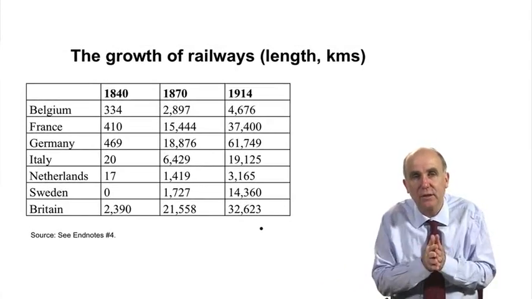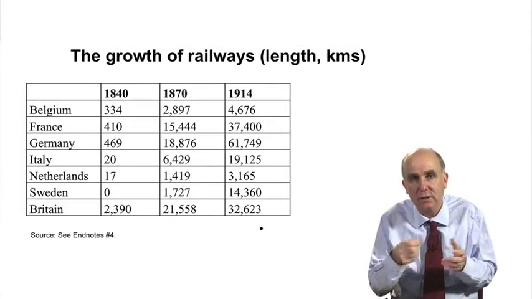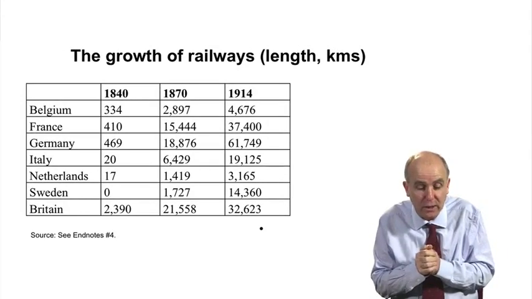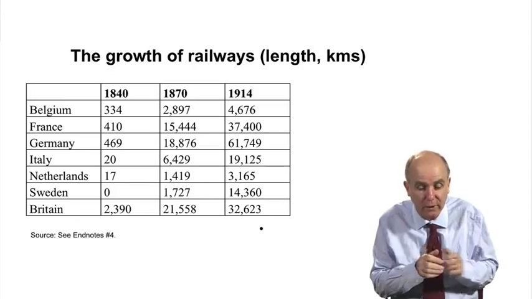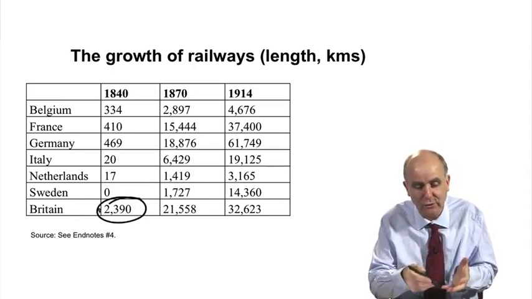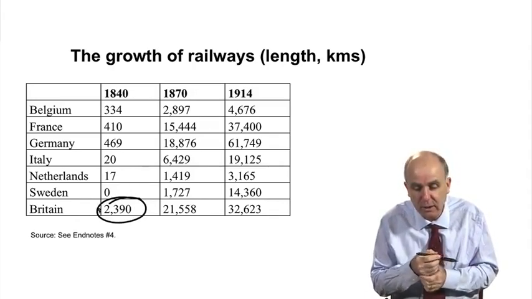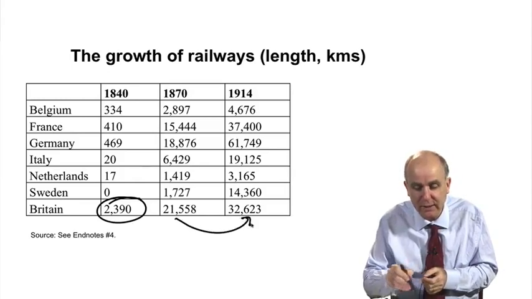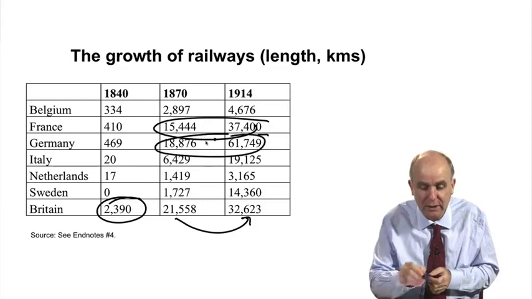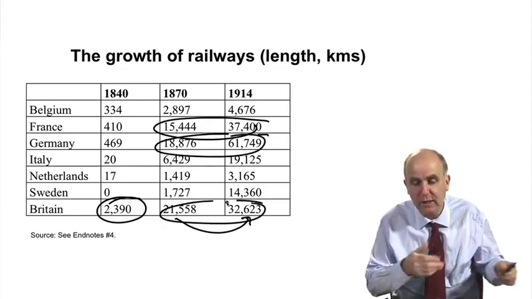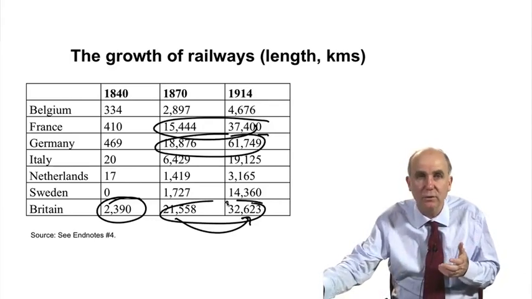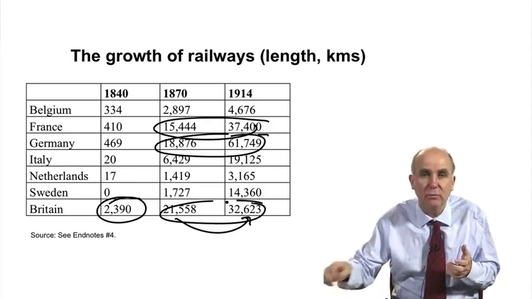This is some data that gives a perspective on one of the ways in which those larger markets were created, the amount of kilometres of railways during the 19th century. And so you can see in 1840 it's really only Britain that has a developed railway network. But as you get to 1870 and then even more as you get to 1914, you've got France, Germany, also Britain developing major railway networks linking together the country into a single market.